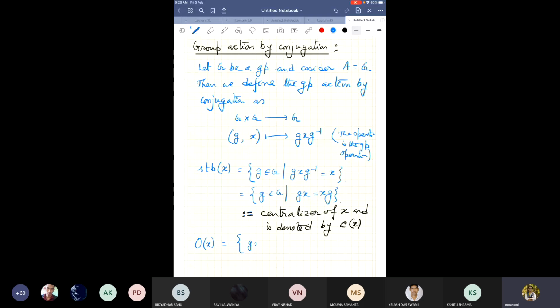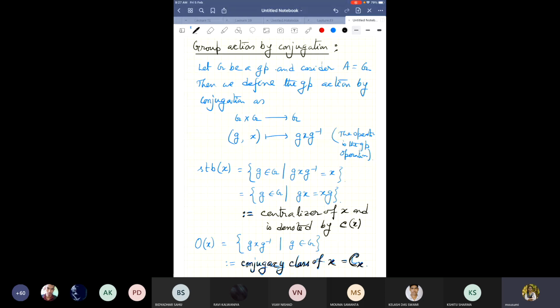This is known as the conjugacy class of x, and it is also denoted by C_x.